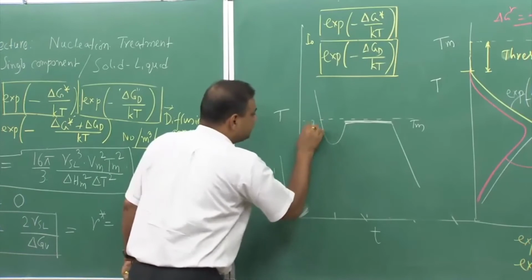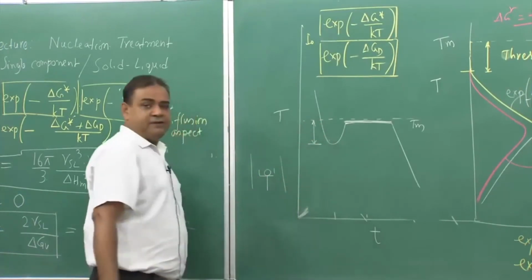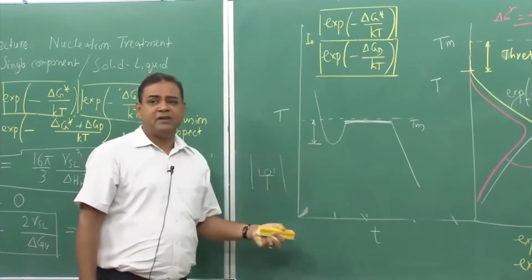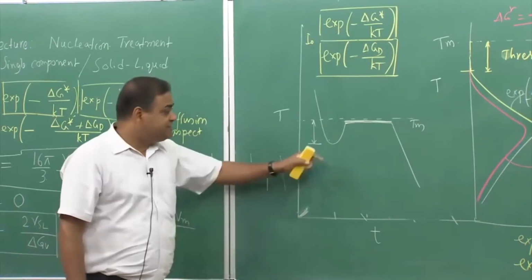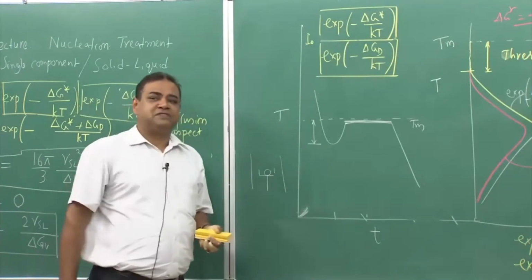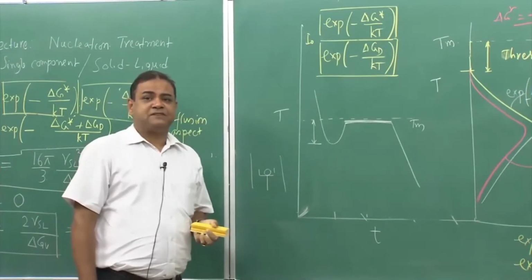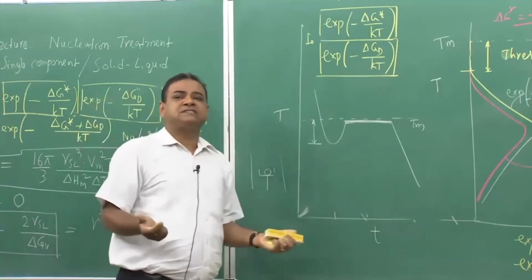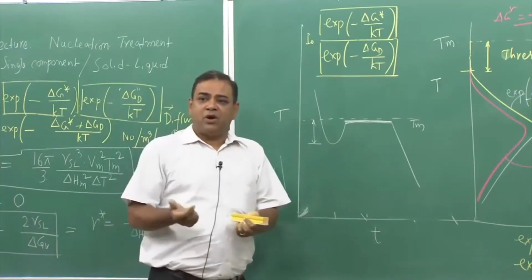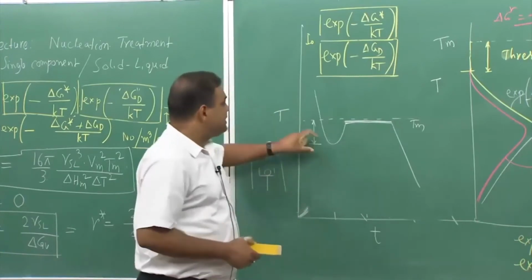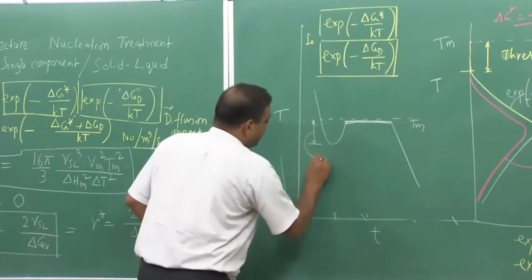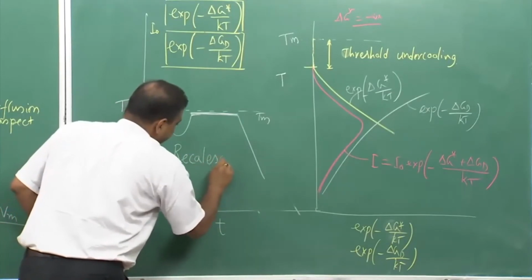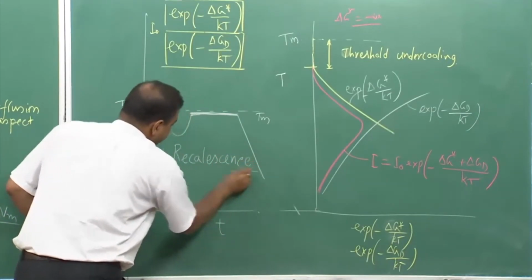If we see this drop, the liquid temperature drops far below the melting point before the solid appears, and this happens because of the interface energy term. This interface energy, which is a positive contribution, does not allow the total system energy to go down the hill. That is why we call this recalescence.